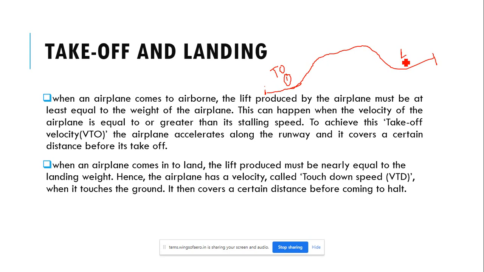When an aircraft becomes airborne, that means when it lifts off from the ground, that is called the takeoff. So in order to lift off from the ground, the aircraft needs to accelerate to some higher speed. Then only it can take off.